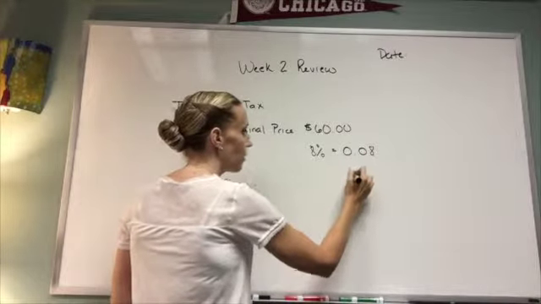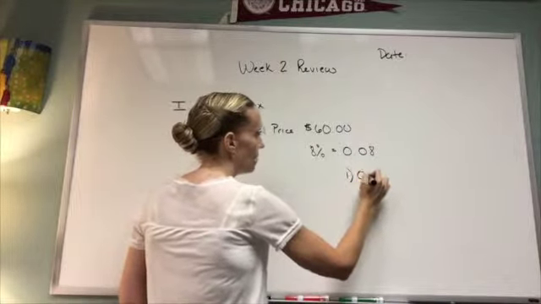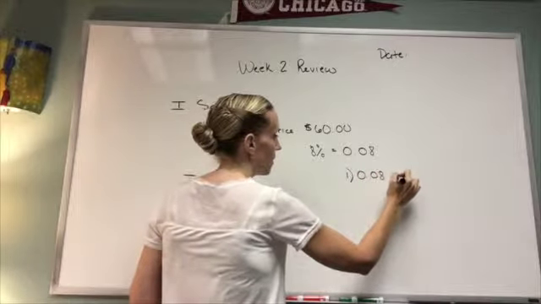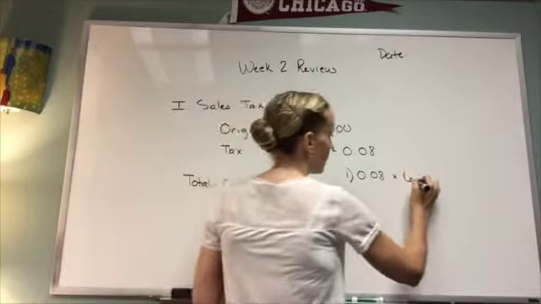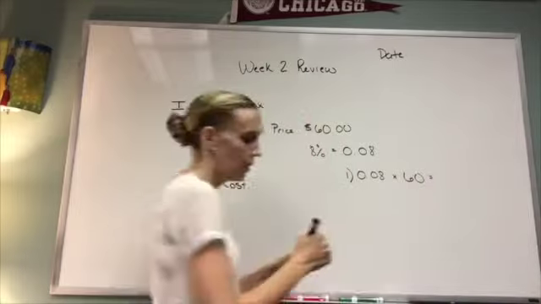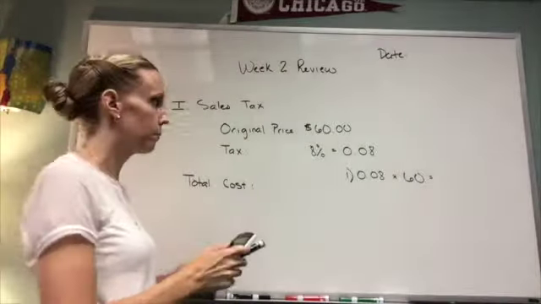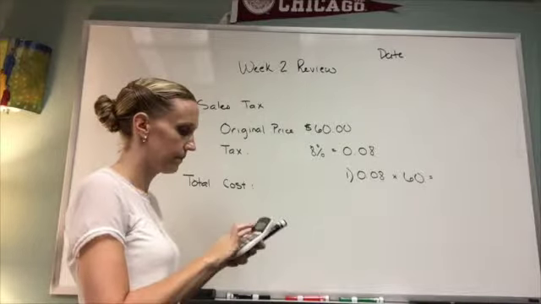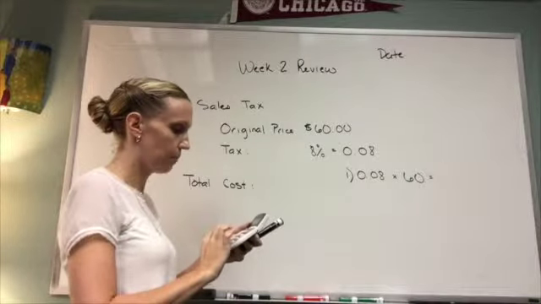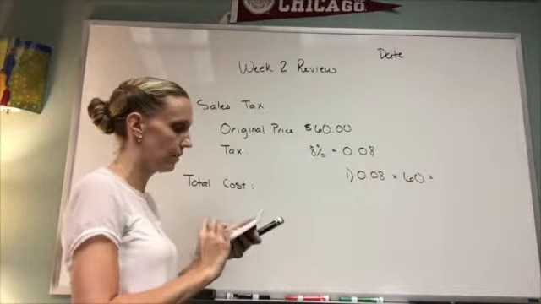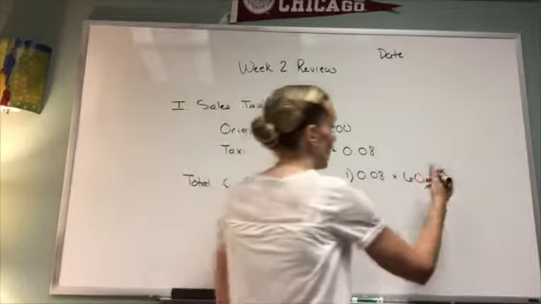And I know that for my first step, I need to multiply that by my original cost. So 60 times 0.08 is $4.80.